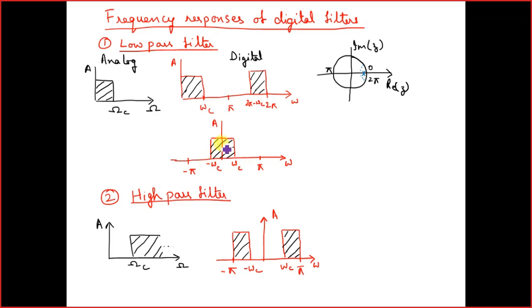This is another advantage of plotting the frequency response in the minus pi to pi region. So you will have the mirror image, and it becomes easier for us to analyze the filter response.